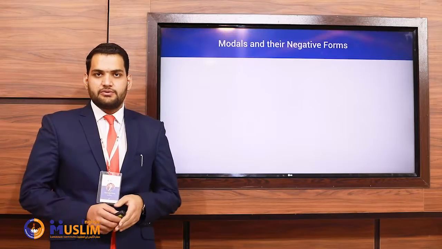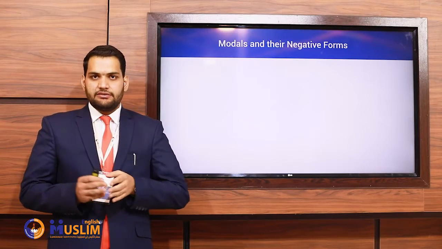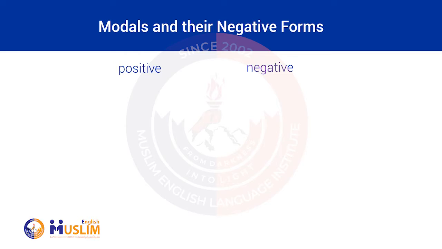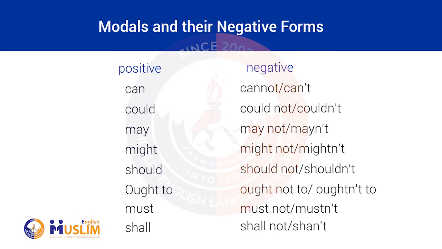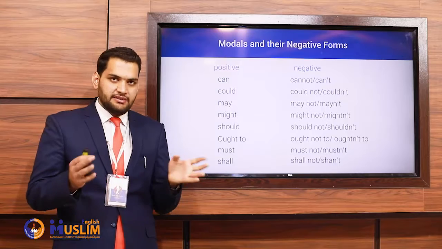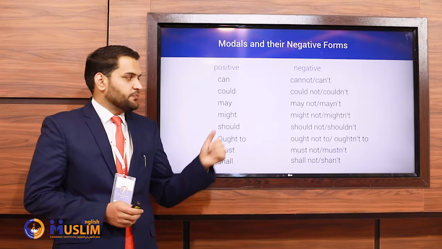Now let's talk about modals and their negative forms. The negative form of can is cannot, or the contraction is can't. Could, could not, or couldn't. May, may not, or mayn't. Mayn't is not a very common word.